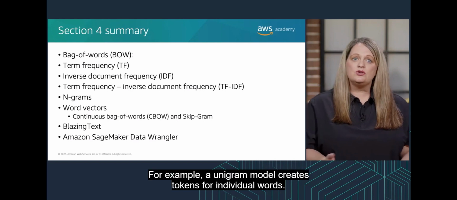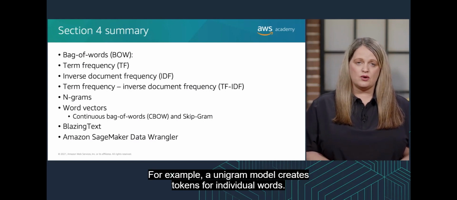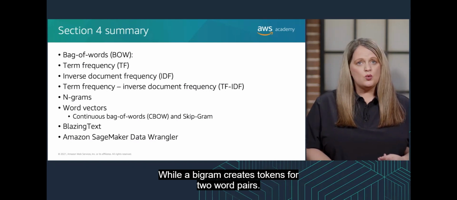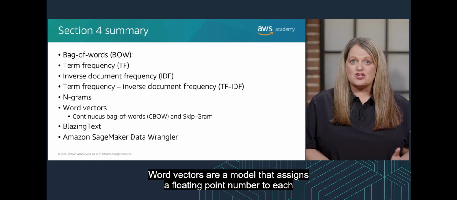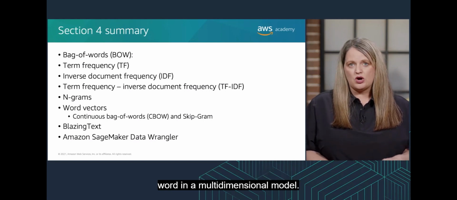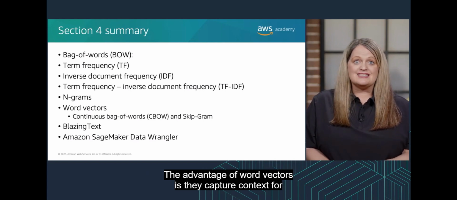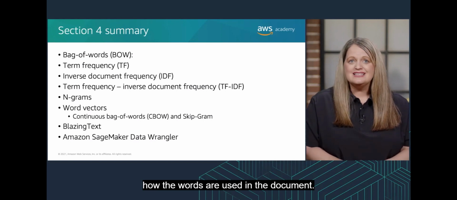For example, a unigram model creates tokens for individual words, while a bigram creates tokens for two-word pairs. Word vectors are a model that assigns a floating point number to each word in a multidimensional model. The advantage of word vectors is they capture context for how the words are used in the document.